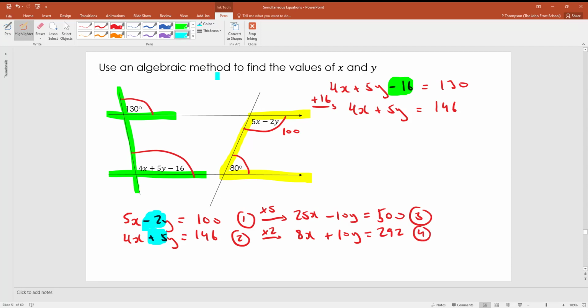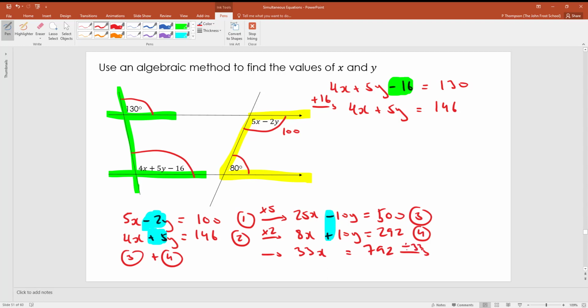Remember now, if they've got different signs, you add them together. Okay? Same sign subtract, different signs add. So if you do equation 3, add equation 4, then 25 plus 8 is 33. And 500 add 292 is 792.